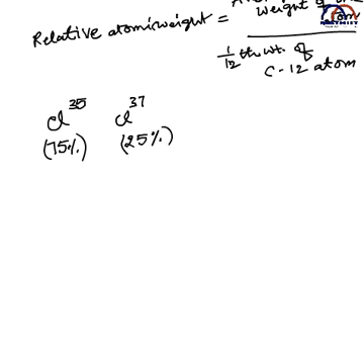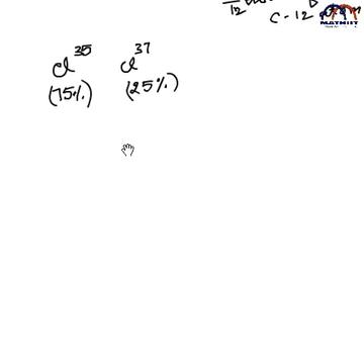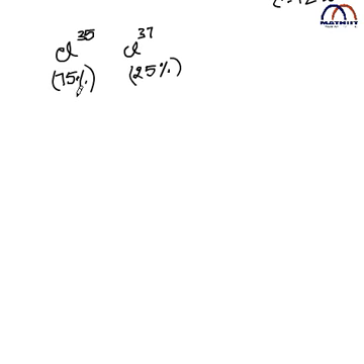It means that if you take 100 chlorine atoms, out of them 75 will have the mass number 35 and 25 will have the mass number 37. Then which atom will you take, either chlorine 35 or chlorine 37? We should take neither of them, but the average of these two, and that is what gives you the average mass of an atom.